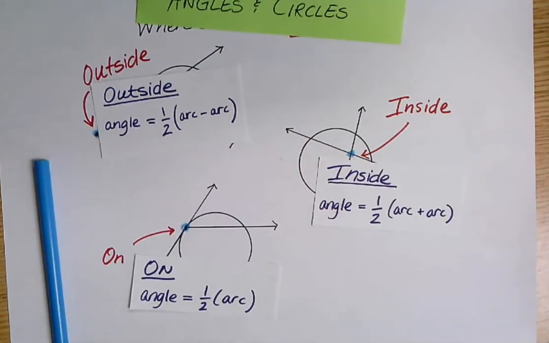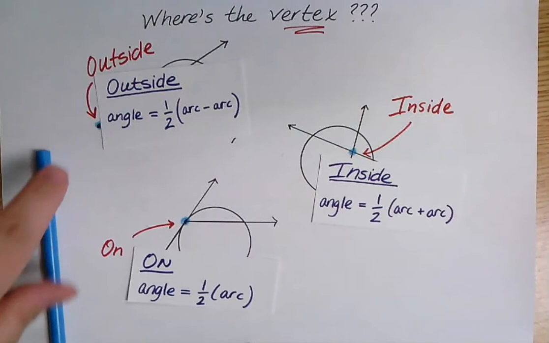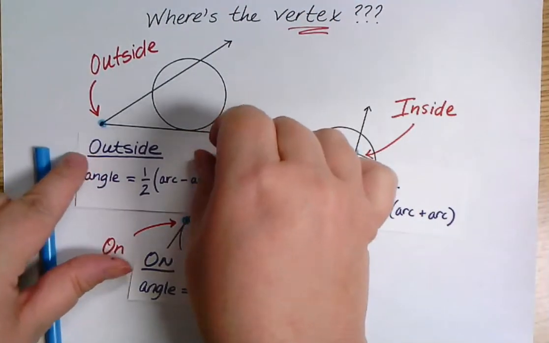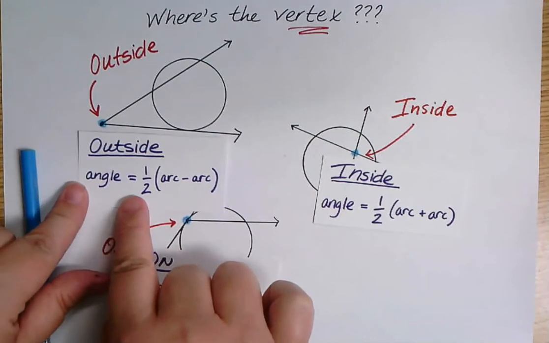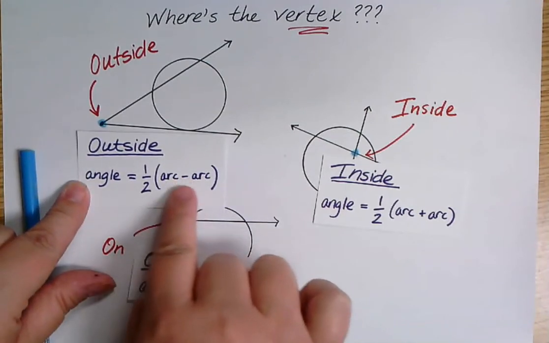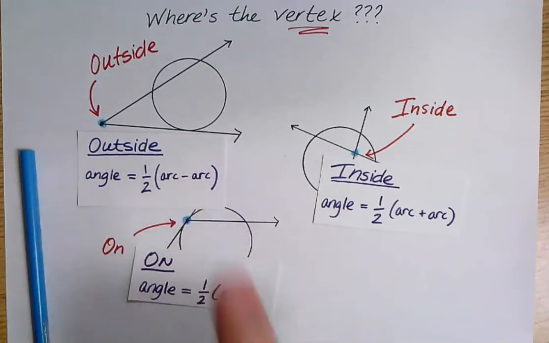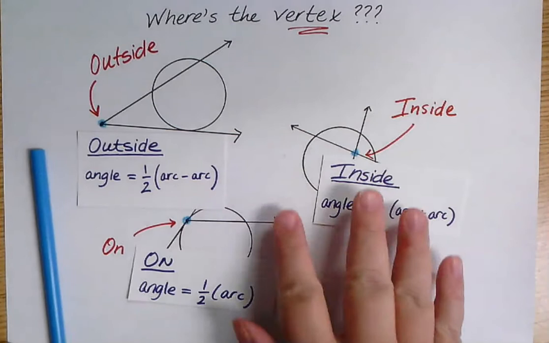When the vertex is outside the circle, it turns out that the angle is going to be half the measure of the difference, half the difference between the two arc measures. Now, what two arc measures? Well, anytime we have our vertex outside the circle, it turns out that angle is going to intercept two arcs, not one. And we'll talk more about that in a second.